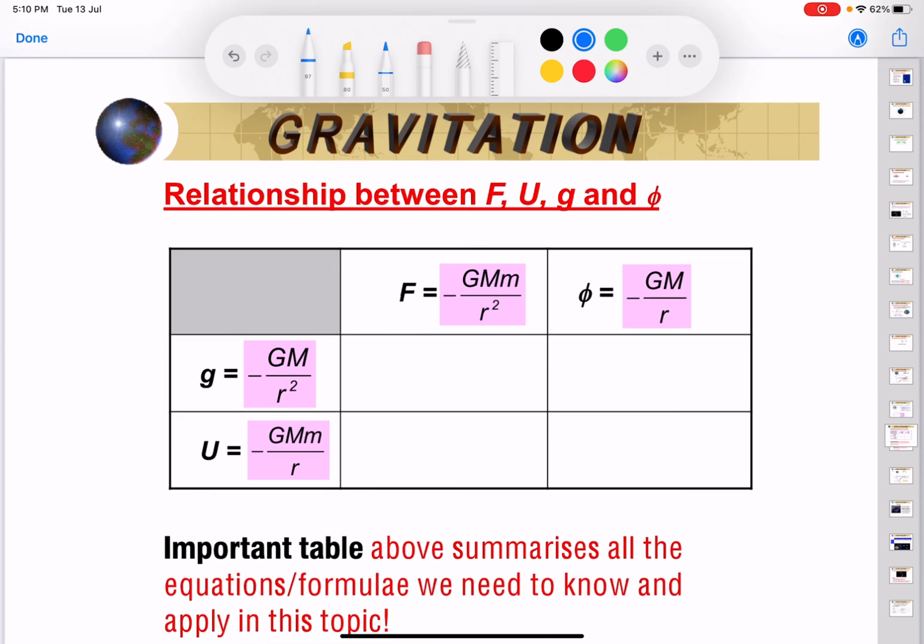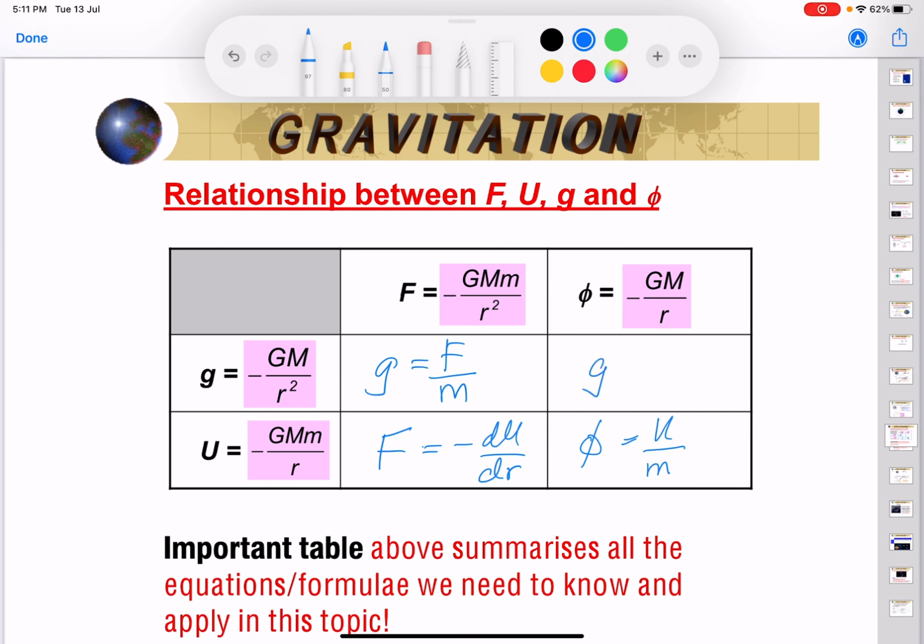Let's summarize the relationship between the four quantities in this table. So how are g and F related? g is just F over m. Okay, we go diagonally down. Phi is U over m. Okay. Then F is negative of the derivative of U with respect to r.